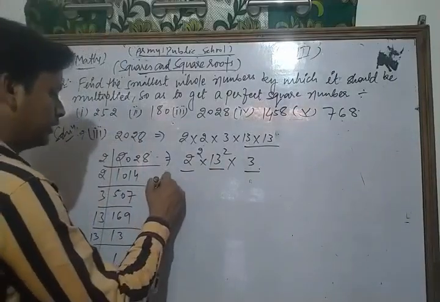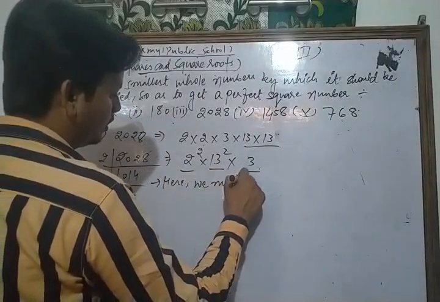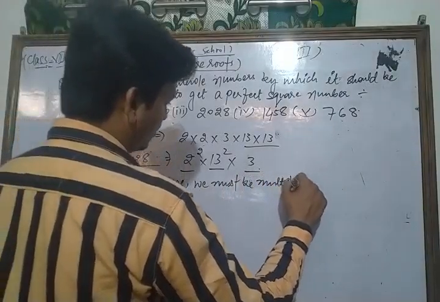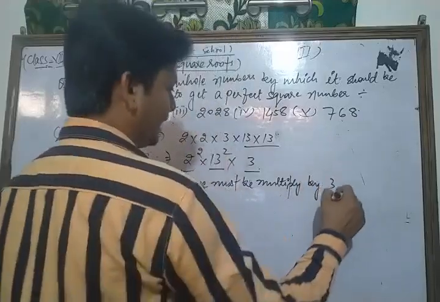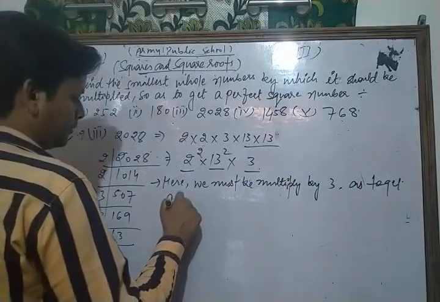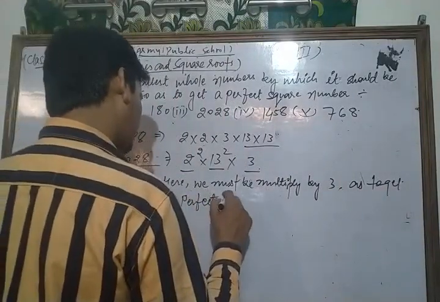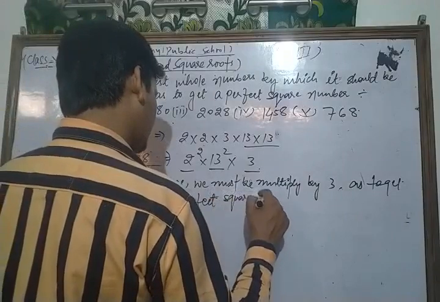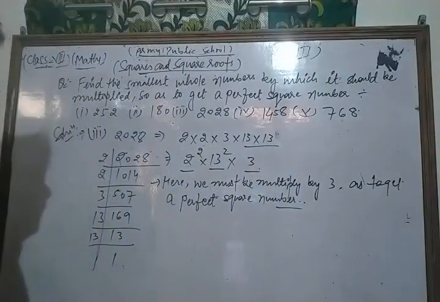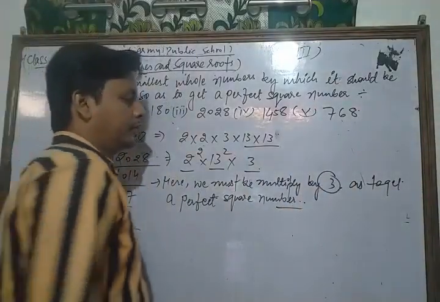So here, dear students, we must multiply by 3 to get a perfect square number.